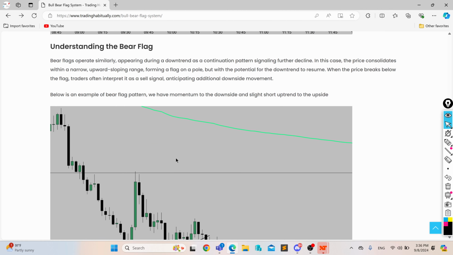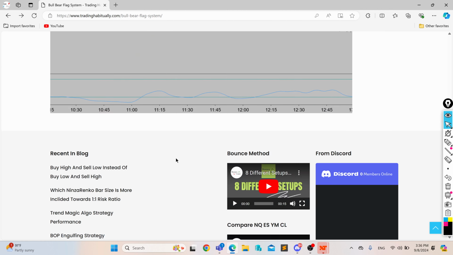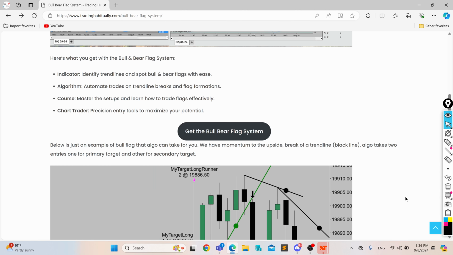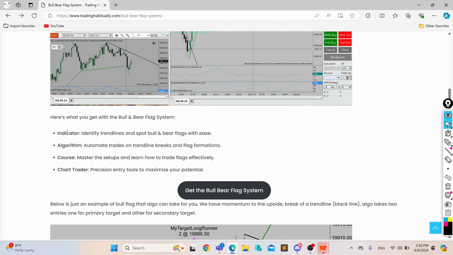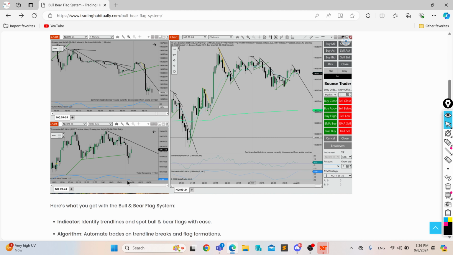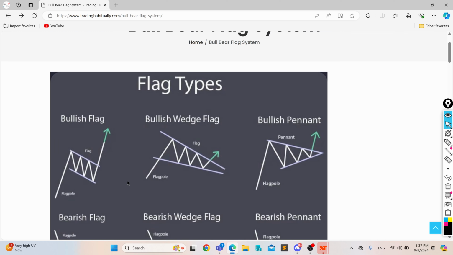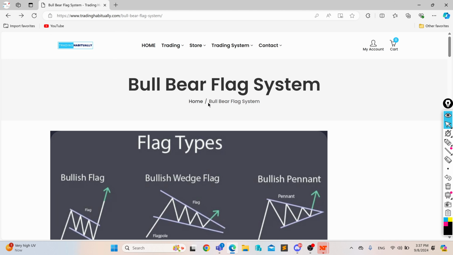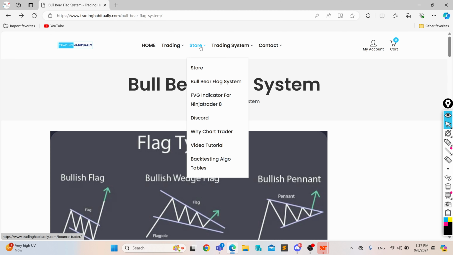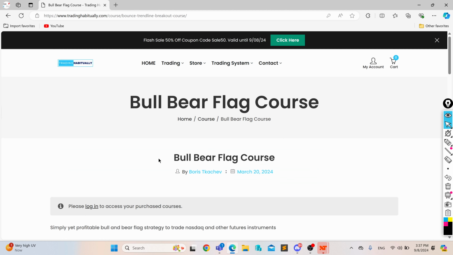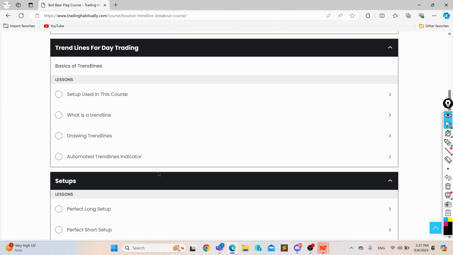But I was going to tell you what the system that I put together includes. It has an indicator, an algorithm, which is the algo, a course, and a chart trader. All of it is designed to help you trade bull flags. There is also a mini course, and if you purchase it, you will have access to it.